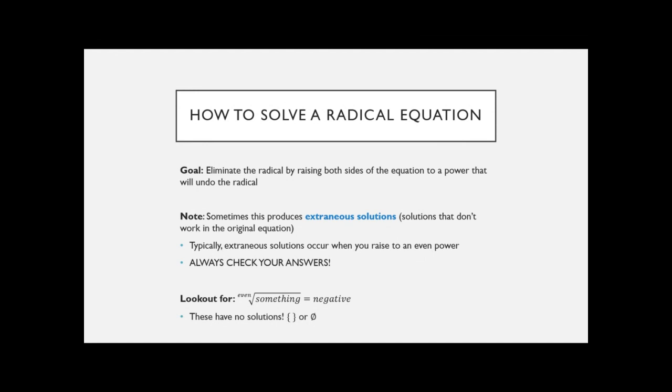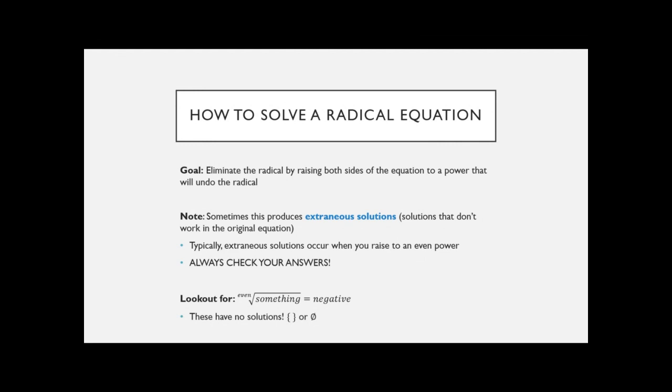Now, sometimes this gives us what are called extraneous solutions. You will get numbers that seem to work when you're solving this way, but if you plug them back into the original equation, they actually don't work. These tend to pop up when you're raising things to an even exponent.